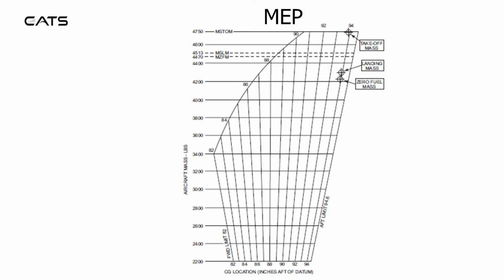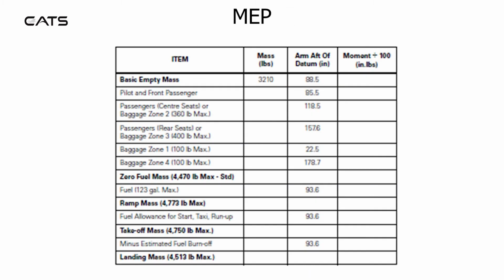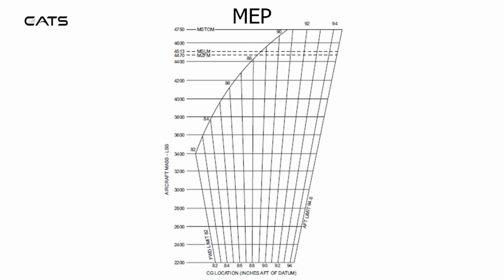These corresponding CG positions can be plotted onto a CG location aircraft mass envelope, ensuring that they remain within limits. Here's a blank example which enables values to be added for pilot and front passenger and baggage, fuel, etc. And also a blank CG location aircraft mass envelope for the CG positions to be plotted.